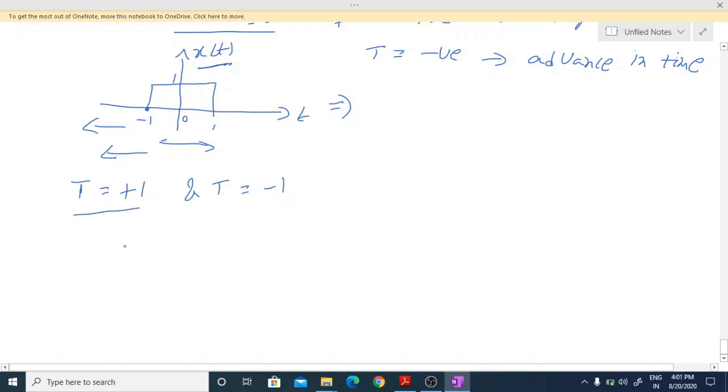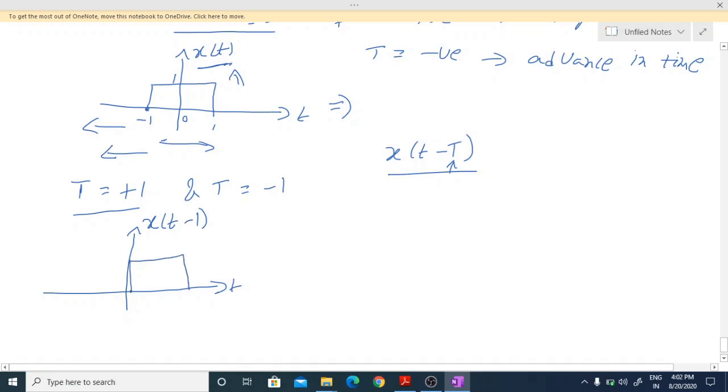If we consider T as +1, then the signal is drawn for x of t minus 1, because the formula for time shifting operation is x of t minus capital T. So the signal function is x of t minus 1, and now we are going to draw the shifted signal as 0, 1, 2 and amplitude 1.